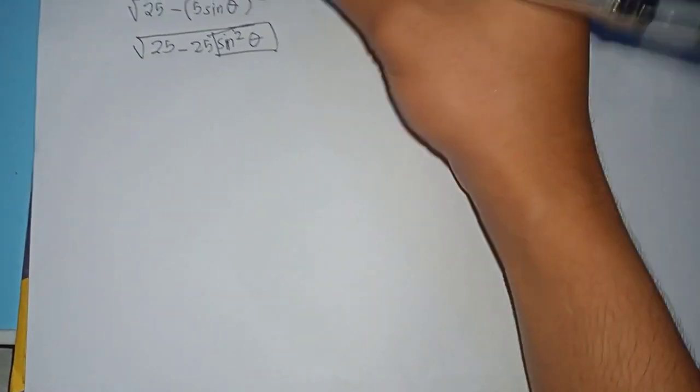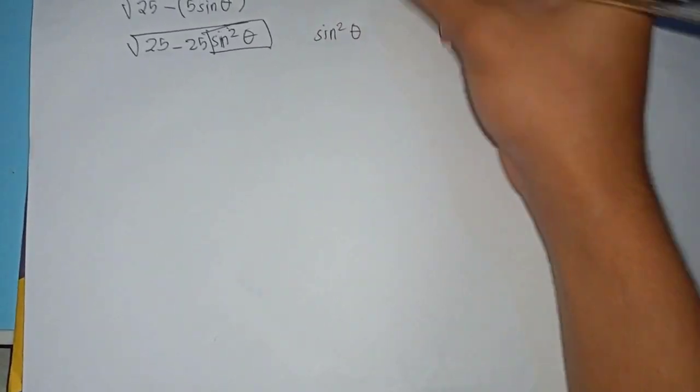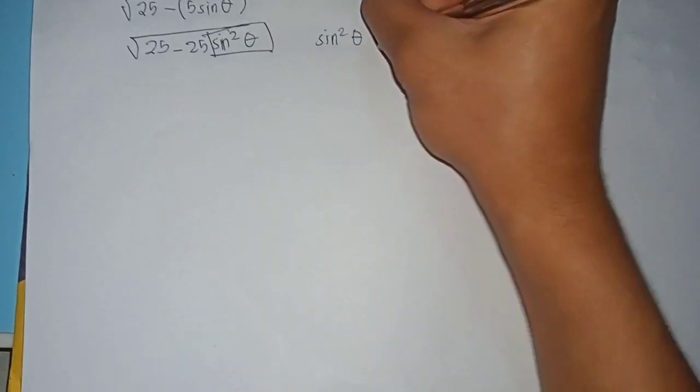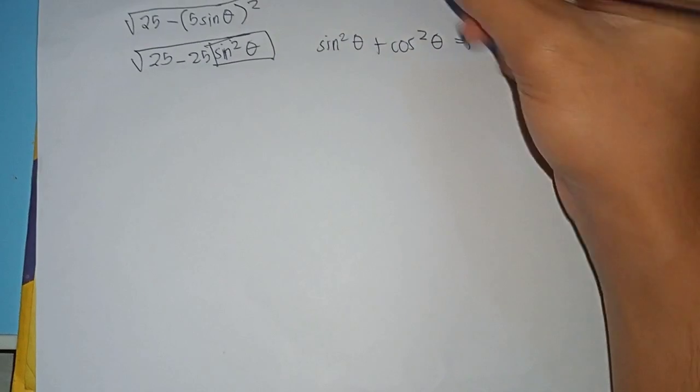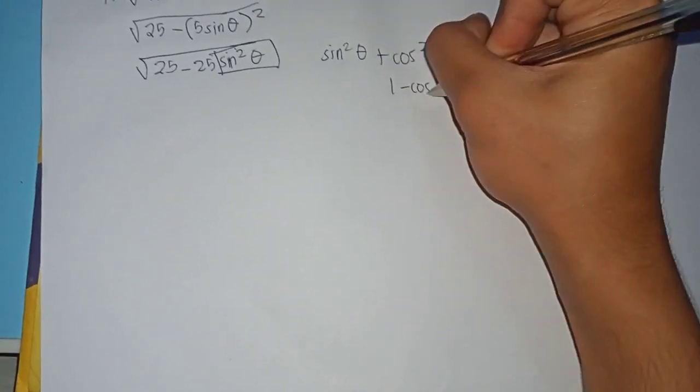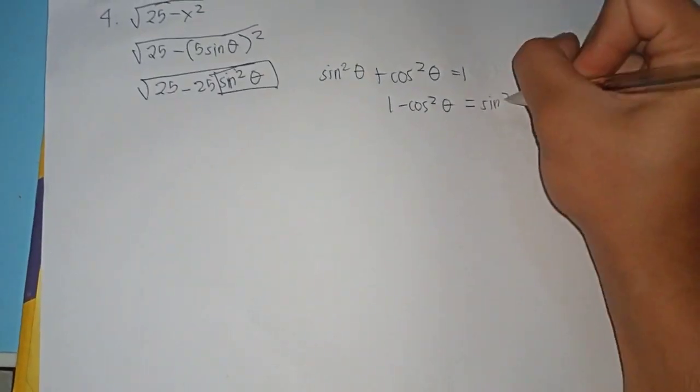Next, we're going to use Pythagorean identities to rewrite this value, or replace it with another term. We have sine squared theta plus cosine squared theta equals 1. So 1 minus cosine squared theta is equal to sine squared theta.